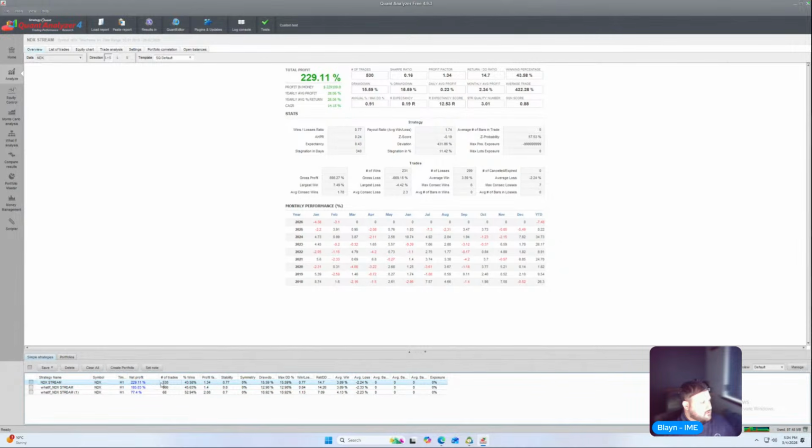Why is this struggling so bad? Yeah, so down at 2025. Okay, interesting.